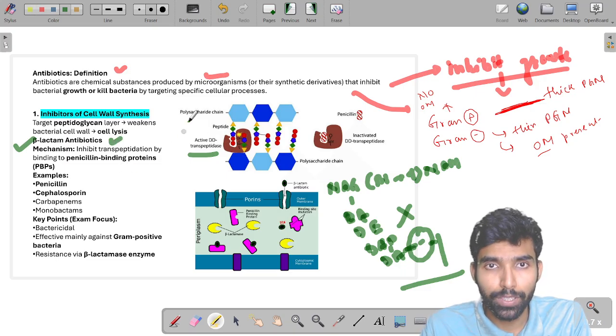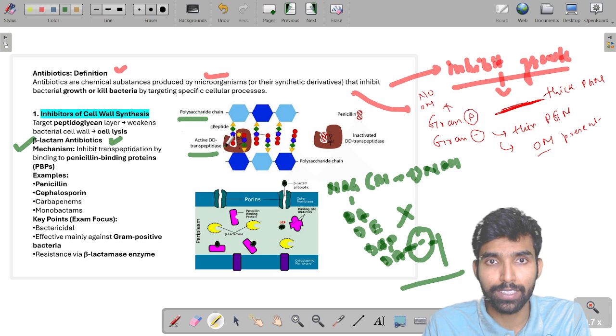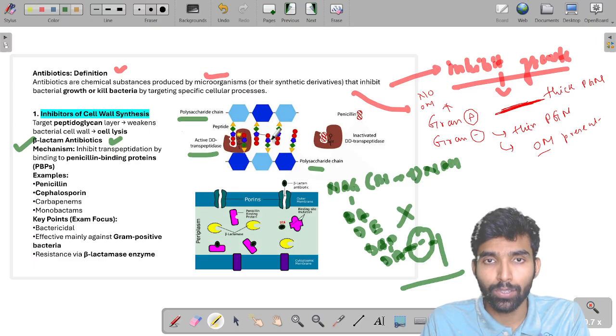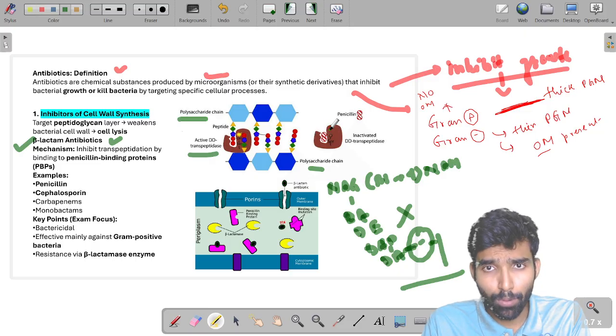Here you can see one polysaccharide chain, and another polysaccharide chain, and these two are connected with maybe a pentaglycine chain or some other covalent bond. Now, this is the transpeptidase enzyme, and penicillin will come.